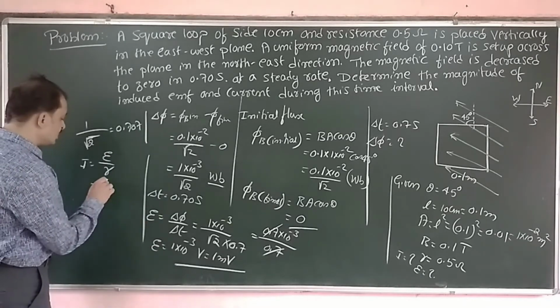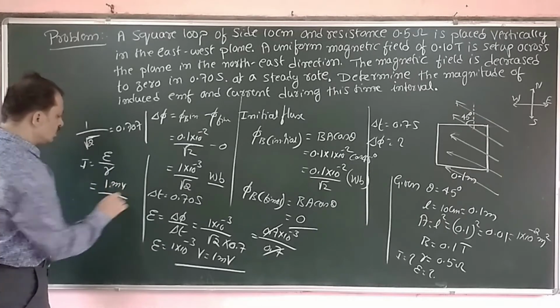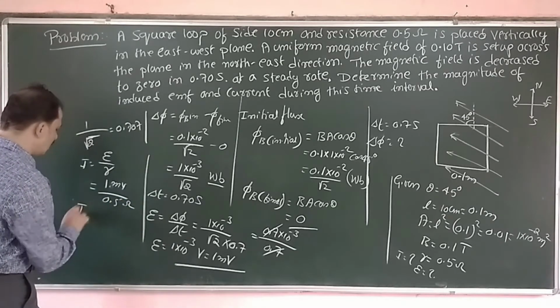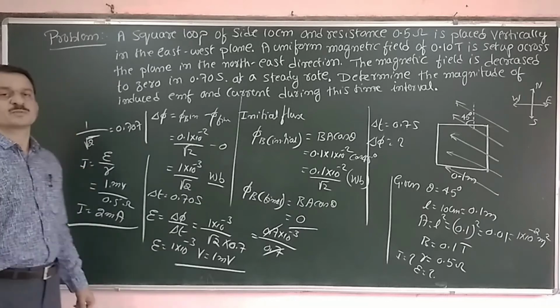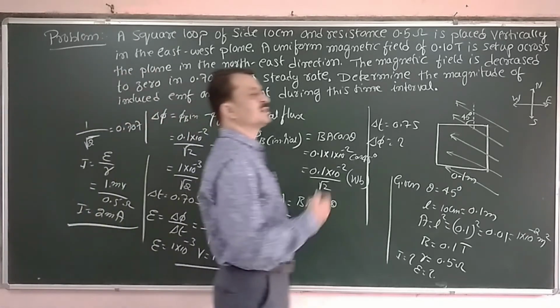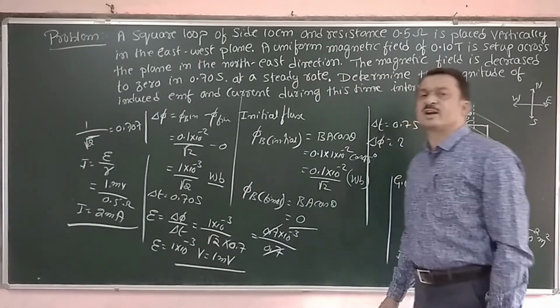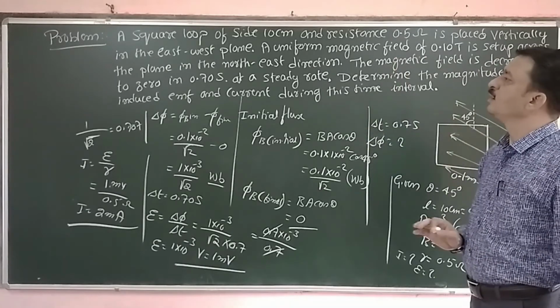Now, EMF induced is 1 millivolt divided by resistance 0.5 ohms, which is equal to 2 milliamps. 2 into 10 to the power of minus 3 amps, or 2 milliamps of current is induced in this problem.